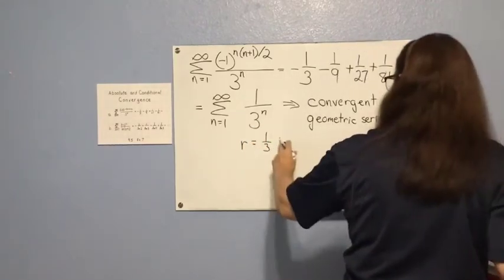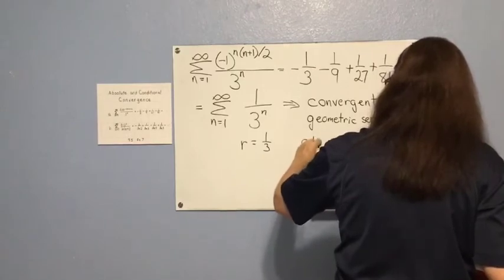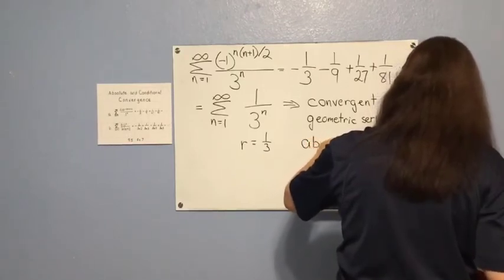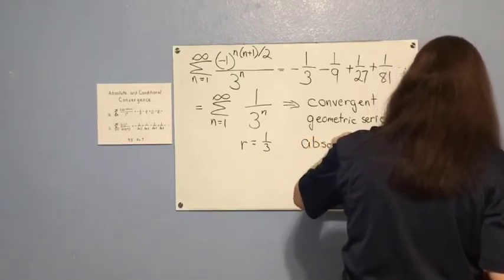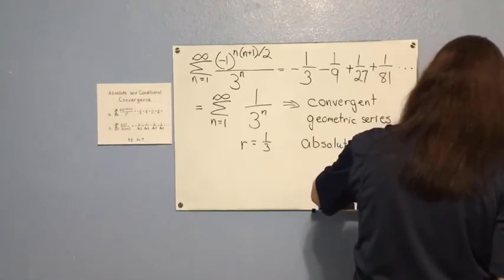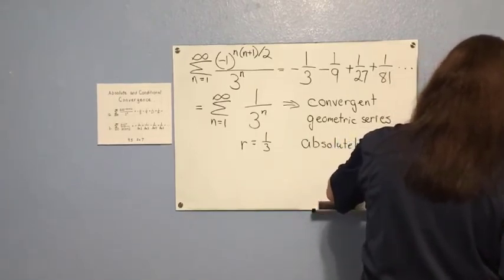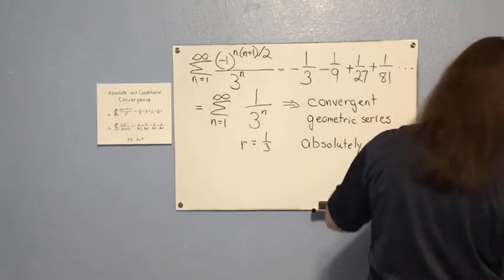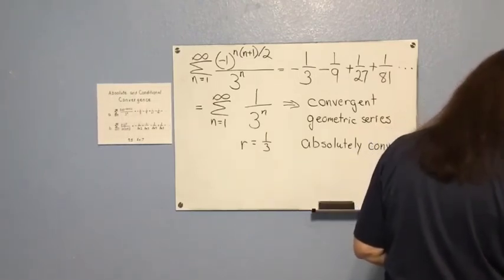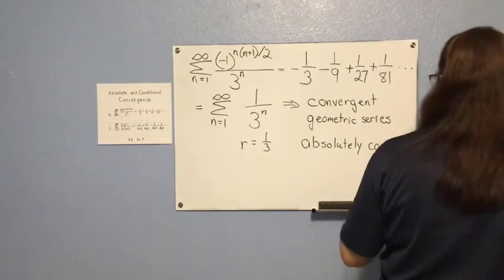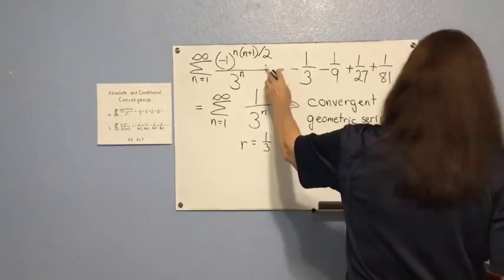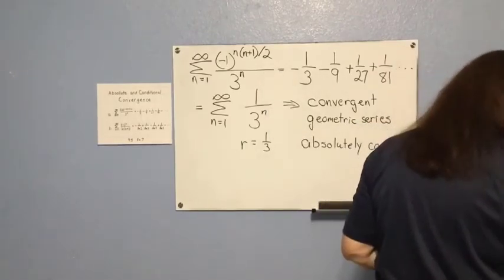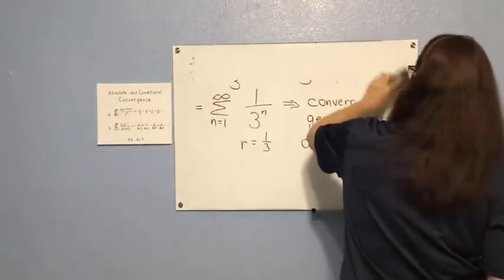Okay, so we could say that this is absolutely convergent. Okay, so if it's absolutely convergent, then this is also convergent. Okay, let's look at another one.